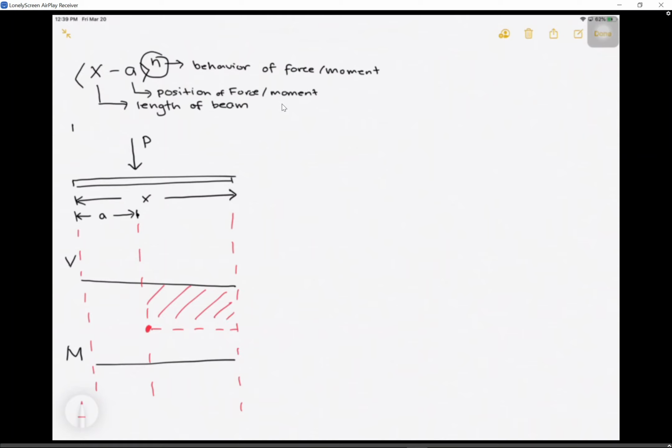Note that it will not go to zero because it's not in equilibrium. Now for our moment, it's a negative slope, so from this point we have something like this, which is negative.